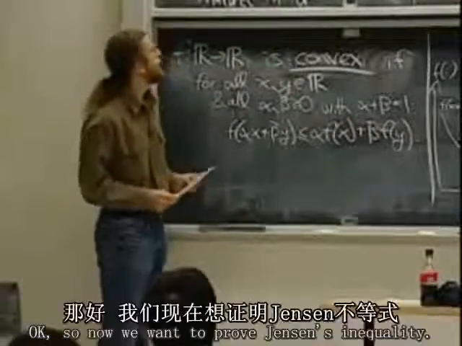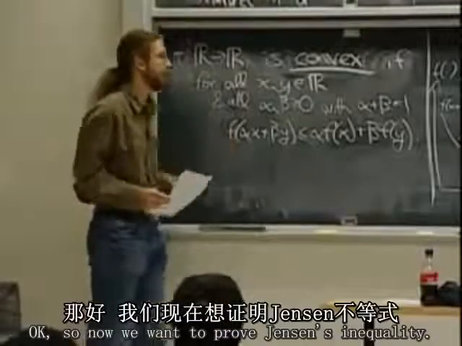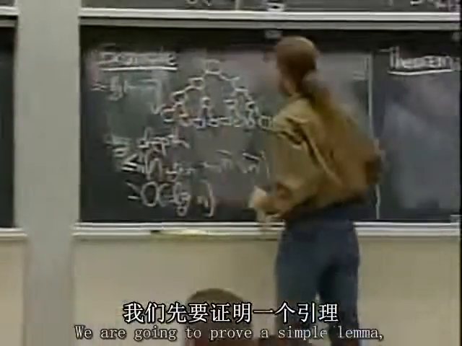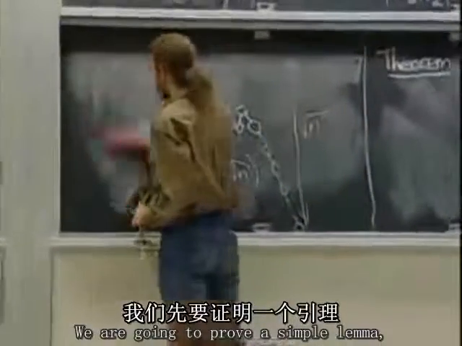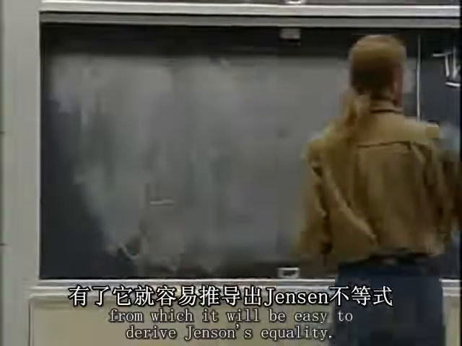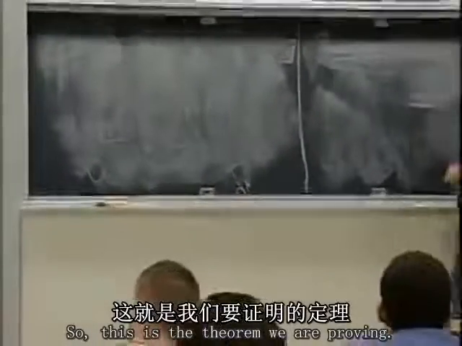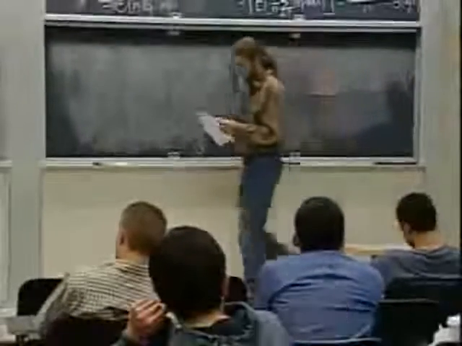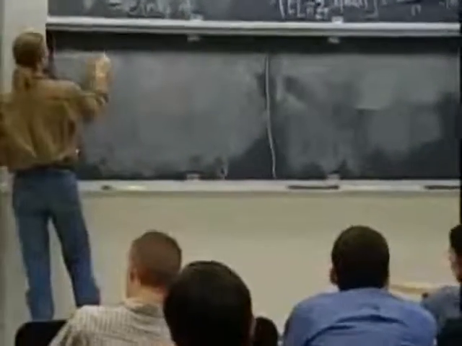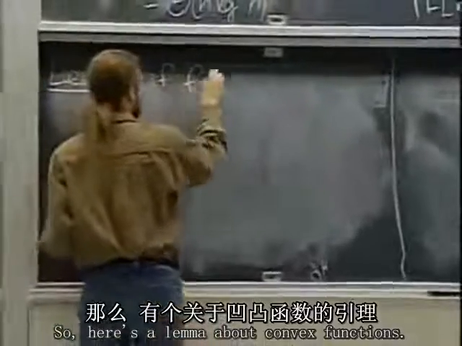Okay, so now we want to prove Jensen's inequality. Okay, we're not quite there yet. We're going to prove a simple lemma from which it will be easy to derive Jensen's inequality. So this is the theorem we're proving. So here's a lemma about convex functions.